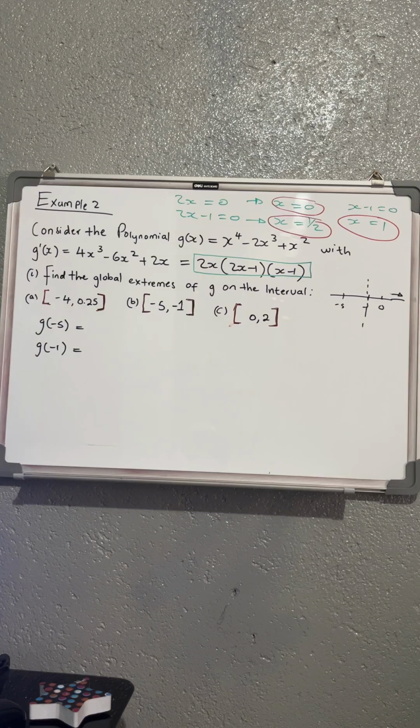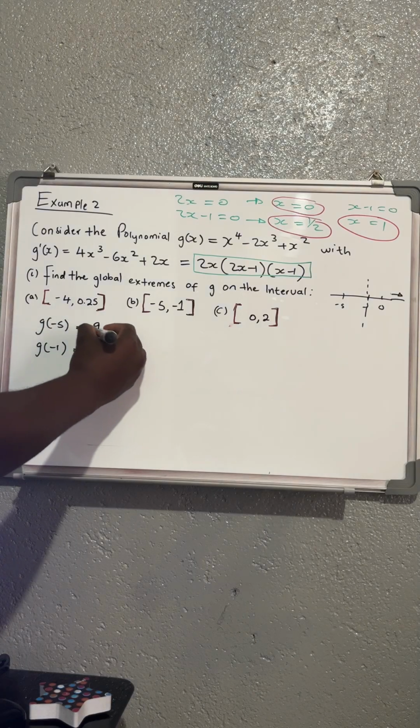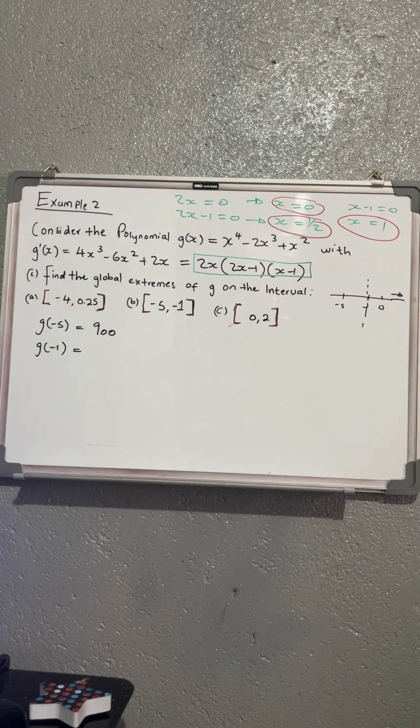If we input g of -5 into the original function, we are going to get a value of 900. Then if you input g of -1, you are going to get a value of 4.